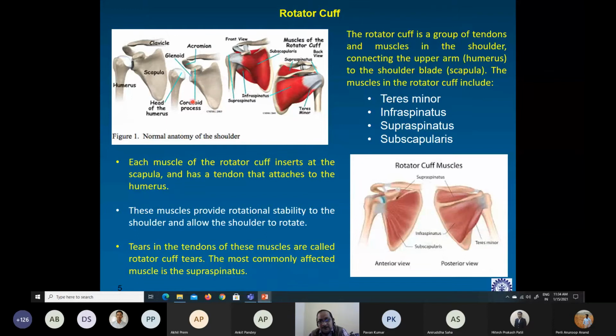Now, tears in the tendons of these muscles are called rotator cuff tears. The most commonly affected muscle within this group is the supraspinatus. The supraspinatus is located on the back side of the scapula, and it is attached to the supraspinous fossa.